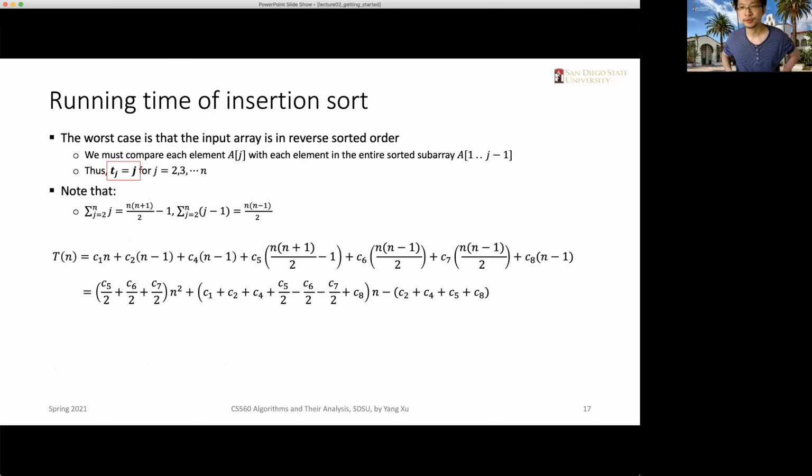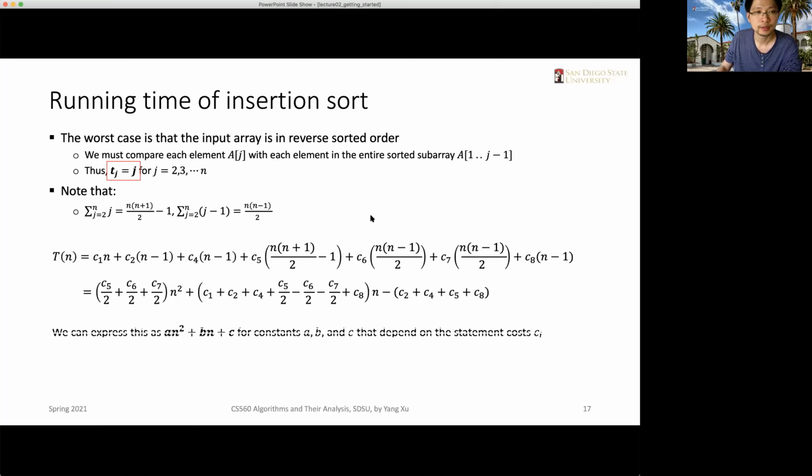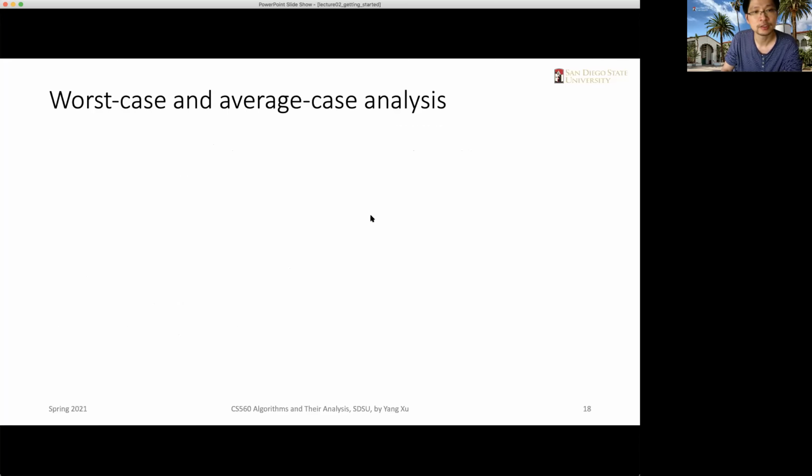In practice, usually we get something somewhere between the worst case and the best case, okay? But the worst case can sometimes be useful for us to estimate what the most likely average case is. So for example, let's further look at the average case for the insertion sort, okay?